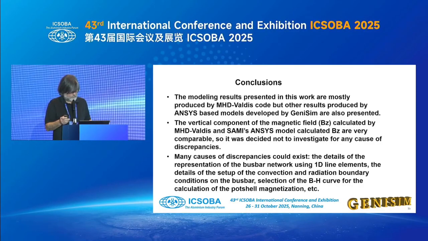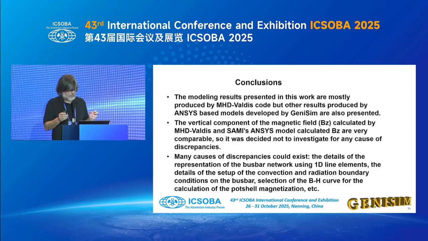You have a BH curve for the magnetization that could be different than the one they have used. And then there's the setup for the boundary conditions for the convection and radiation on the busbar to obtain the right temperature. They could have done this differently than I did.